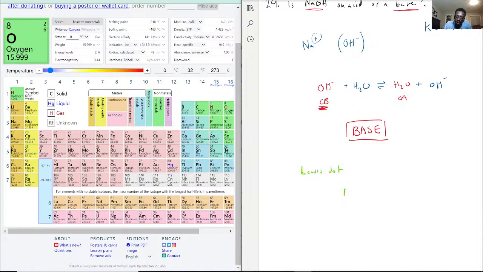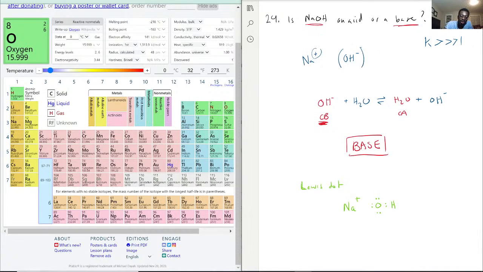Okay, we have Na by itself because it gave up everything, the plus, and we have the OH, because remember, Na has 1 valence electron, oxygen has 6, hydrogen has 1, so in total that's 8. So it'll look kind of like this, and this will be where the minus is.